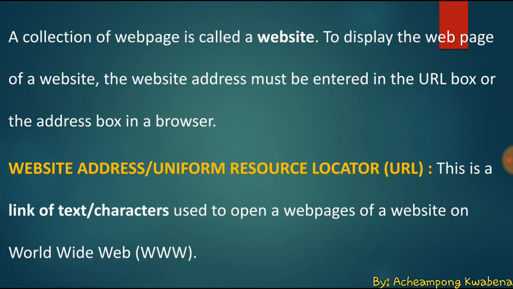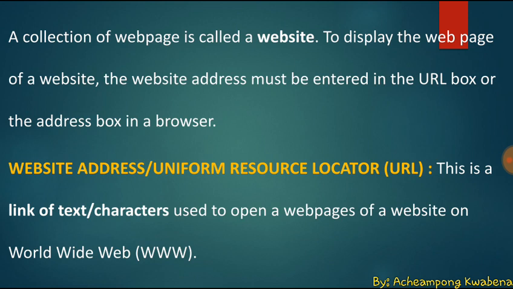And to display the web page of a website, the website address must be entered in the URL box or the address box in the browser. We have talked about the URL box or the address box in the browser. So that's the location or box in the browser where website addresses are typed.